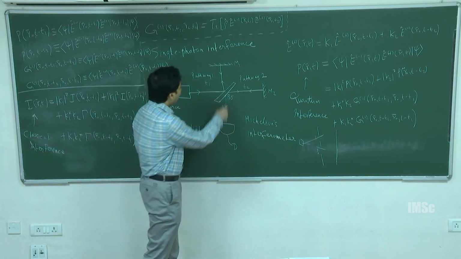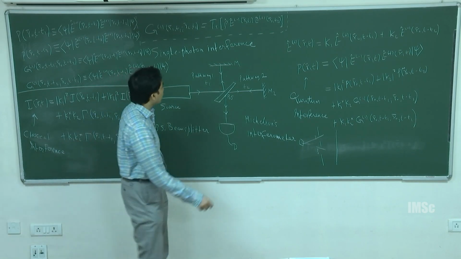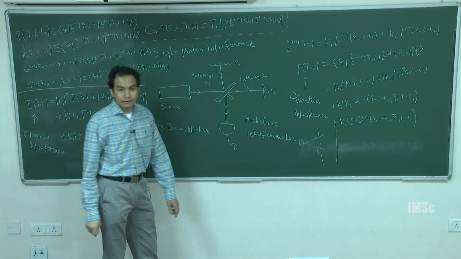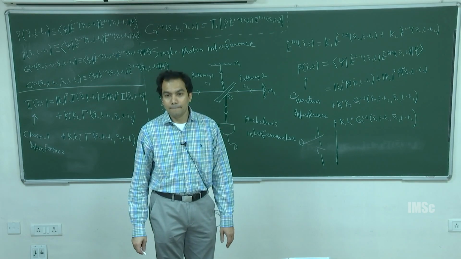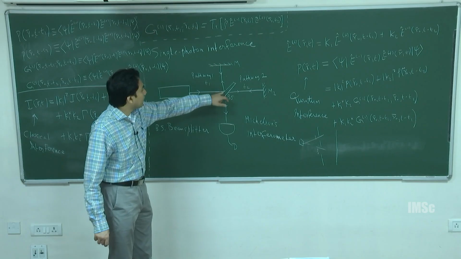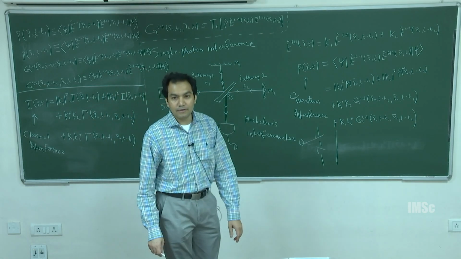Instead of slits, you have two alternatives, two pathways. Either the photon takes pathway 1 to reach the detector or pathway 2 to reach the detector. The fact that you have only one detector is perfectly fine, because what interferes is the probability amplitudes for both these pathways.